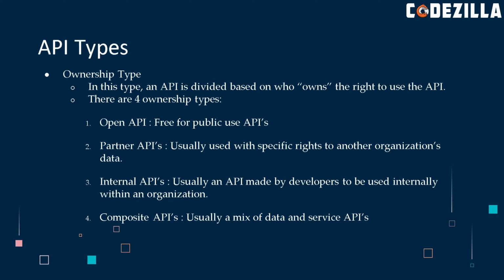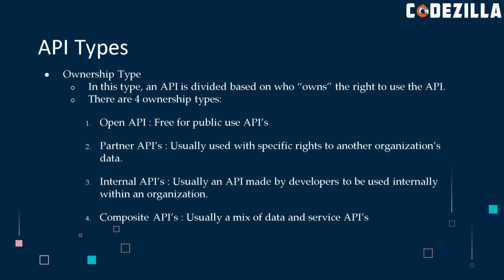We have partner APIs, which is used with specific rights to another organization's data. So basically, like log into your game with Google or Facebook. An internal API is an API made by developers to be used internally within that organization.